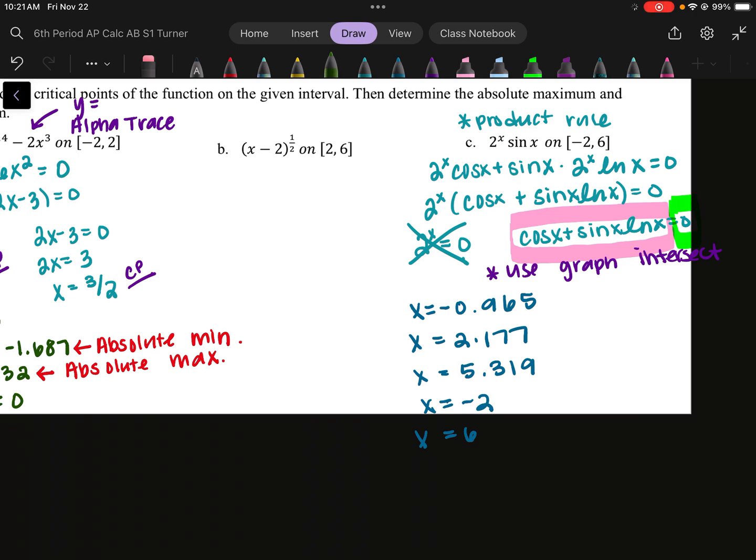So when I plugged these into the calculator, or into my function using that calculator, for the first one, my f of negative 0.965, I got negative 0.421. When I plugged 2.177 into my calculator, in that original function, I got 3.716.